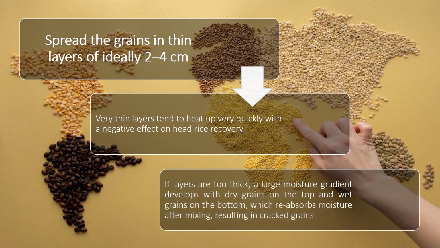If layers are too thick, a large moisture gradient develops with dry grains on the top and wet grains on the bottom, which reabsorb the moisture after mixing, because moisture is still there inside your material. After mixing there is a reabsorption of the moisture, resulting in cracked grains.